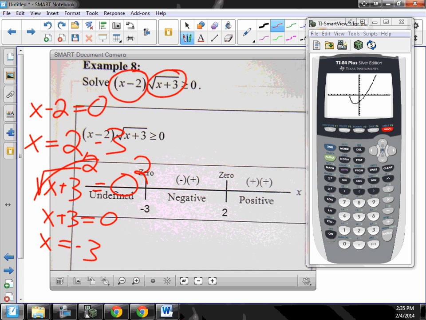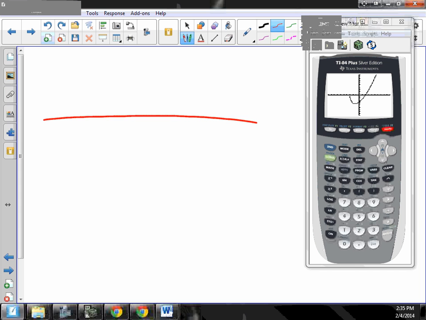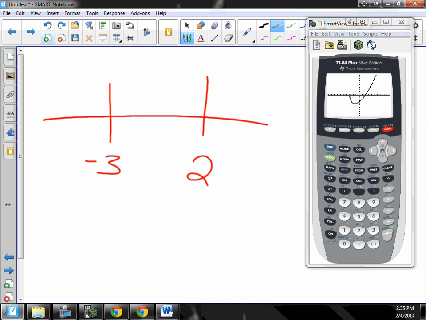Okay? So we need to set up this bar that they have right here. So I'm going to do it on a new page. So I'm going to draw a line. This is my root negative 3, and this is my root 2. Okay? There's something else we have to consider. So x minus 2 times the square root of x plus 3.